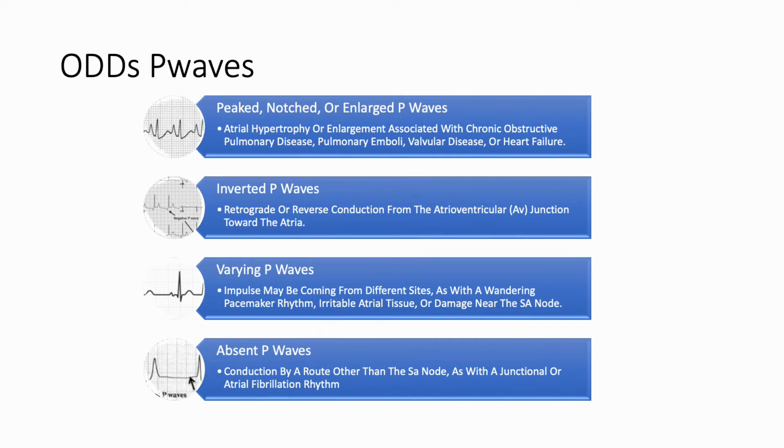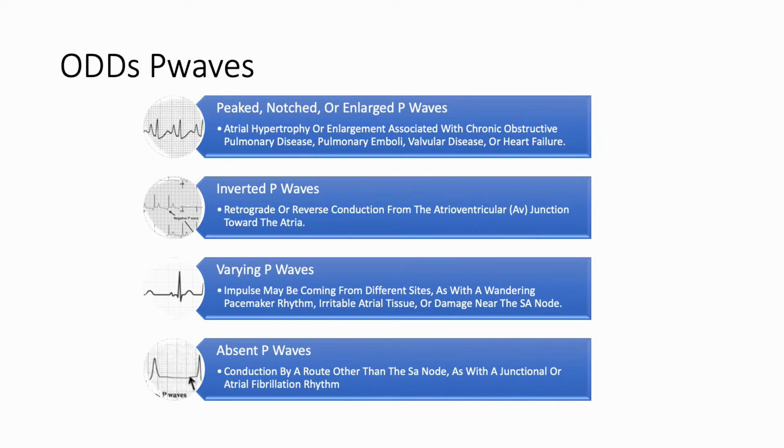Sometimes we see inverted P waves. They are not upright but downward. This shows retrograde or reverse conduction from the AV node or AV junction toward the atria.